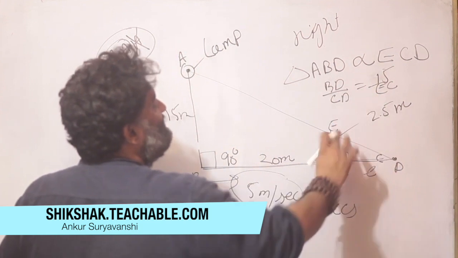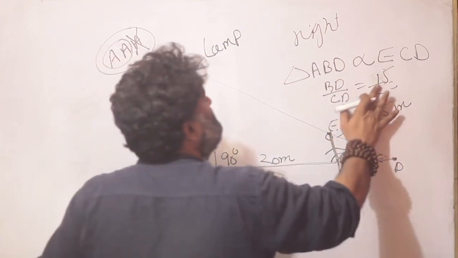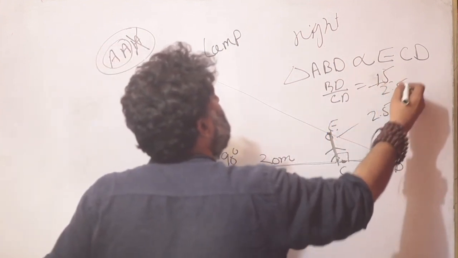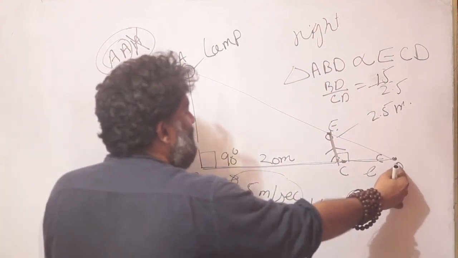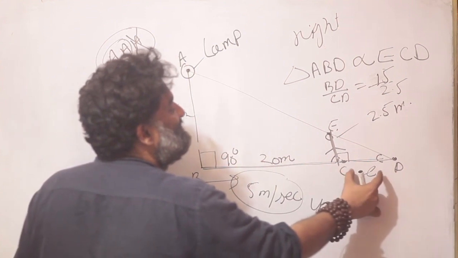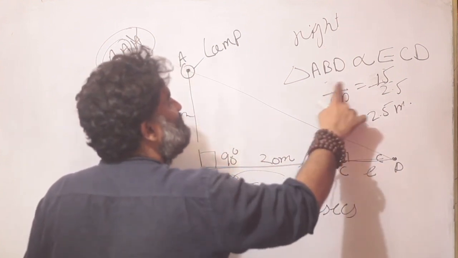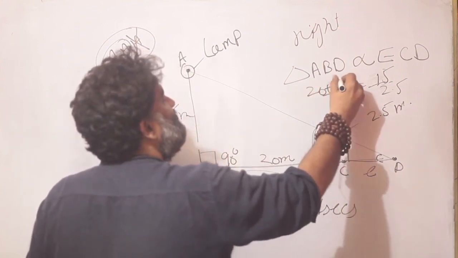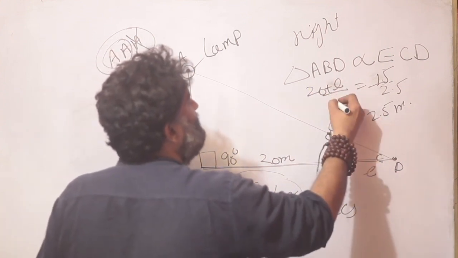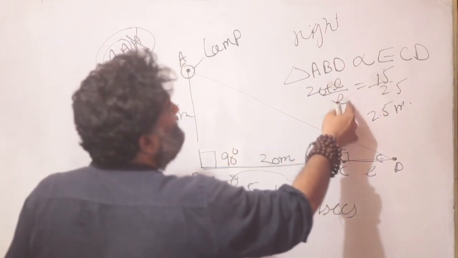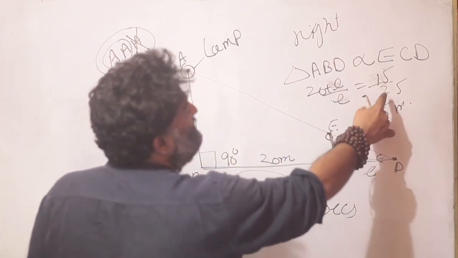I have EC also because this is the height of the boy, so this is going to be 2.5 meters. And now if I think of the whole BD, it is going to be 20 meters plus the length of the shadow, so this is going to be 20 plus length. And if I look at CD, it is just going to be length. So just work this equation out and you will have your answer.